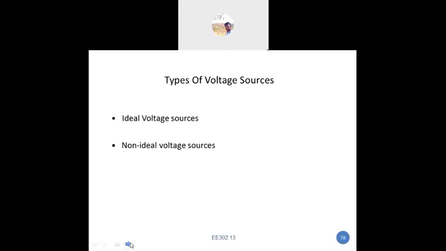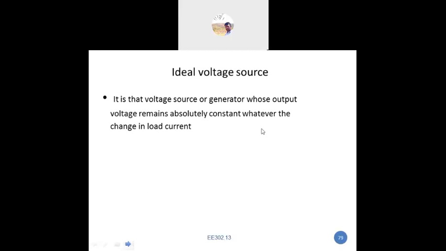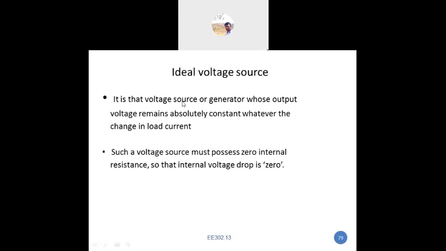Let me discuss in detail what is meant by an ideal voltage source. It is a voltage source or generator whose output voltage remains absolutely constant whatever the changes in the load. Suppose we connect a resistor to the source, and it is a variable resistor.